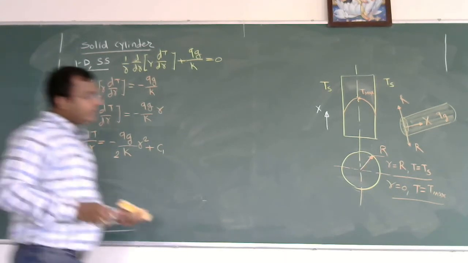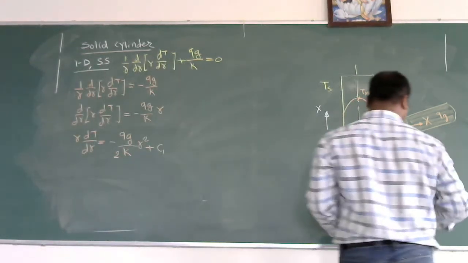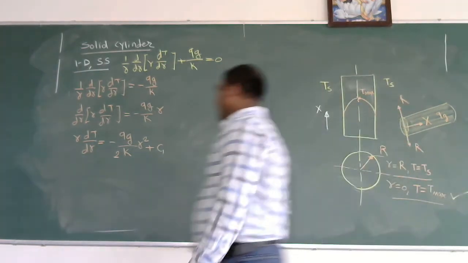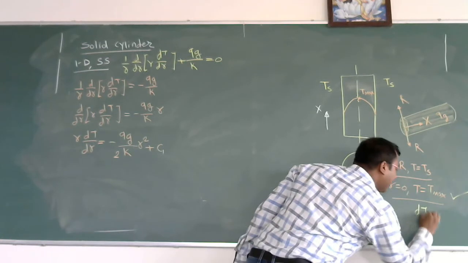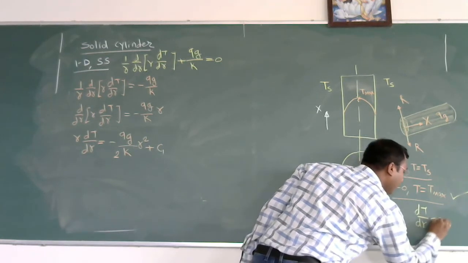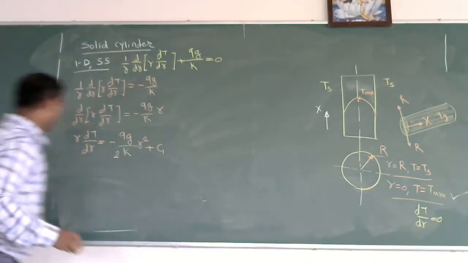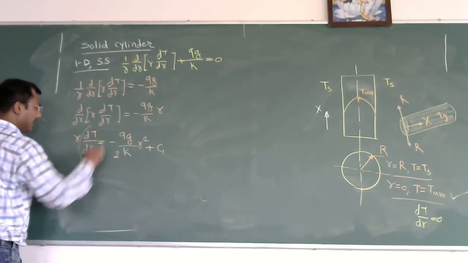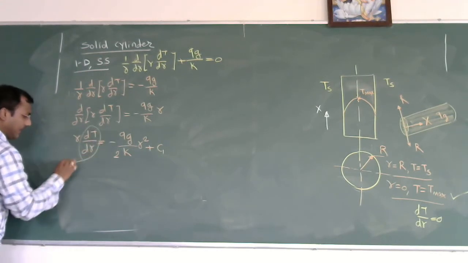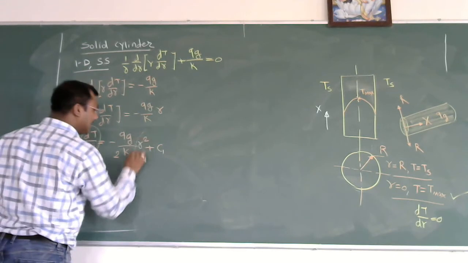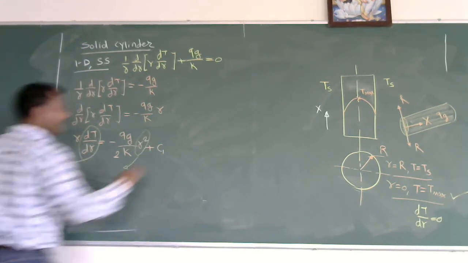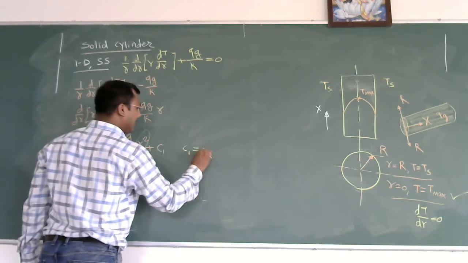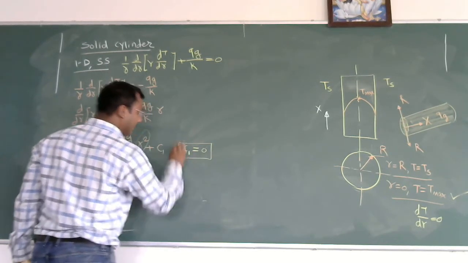Now at this point, if I put the boundary condition at r is equal to 0, T is equal to T max, which simply means dT by dr is equal to 0. So if I put this boundary condition, dT by dr equal to 0 at r equal to 0, it simply gives me C1 is equal to 0.